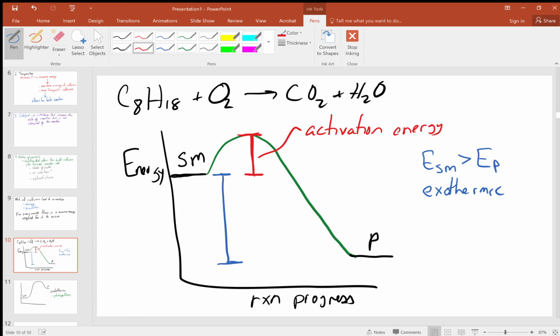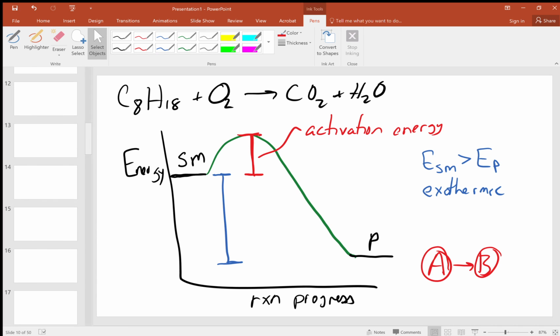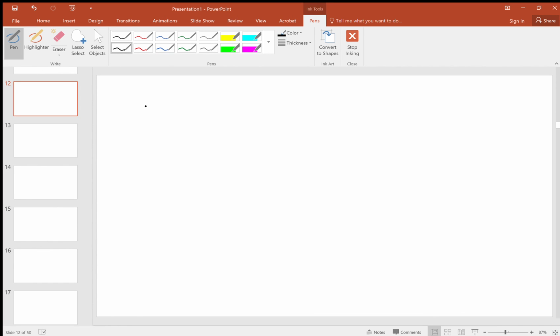All right, so why does this matter? Well, if two molecules collide to try and react, if they don't have this minimum amount of energy needed for them to react, then nothing will happen. So let's look at this another way.